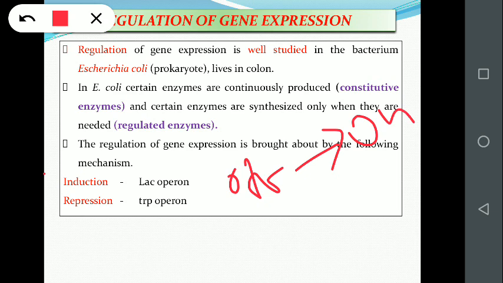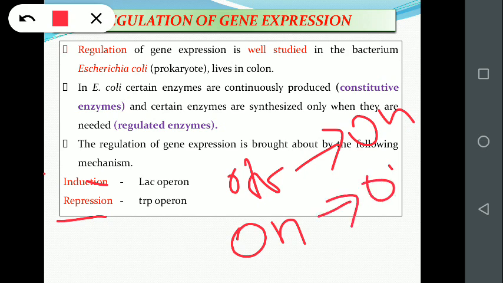That is the phenomenon of induction. And what about repression? Here the genes are already in a switched on form, but something is turning off those genes. This is the difference between induction and repression.